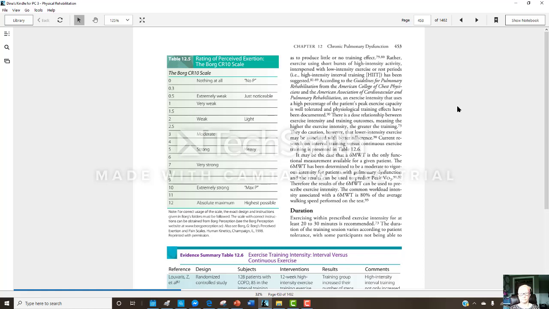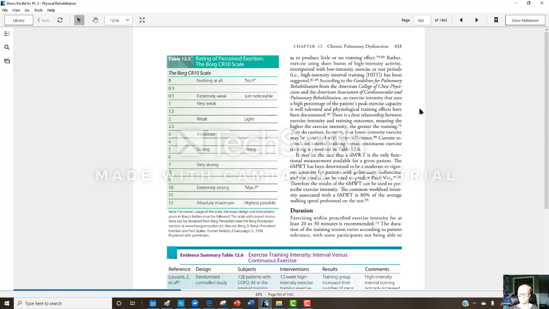Exercise using short bursts of high-intensity activity, interspersed with low-intensity exercise or rest periods, that is, high-intensity interval training, HIIT, has been suggested. According to the guidelines for pulmonary rehabilitation from the American College of Chest Physicians and the American Association of Cardiovascular and Pulmonary Rehabilitation, an exercise intensity that uses a high percentage of the patient's peak exercise capacity is well tolerated and physiological training effects have been documented.